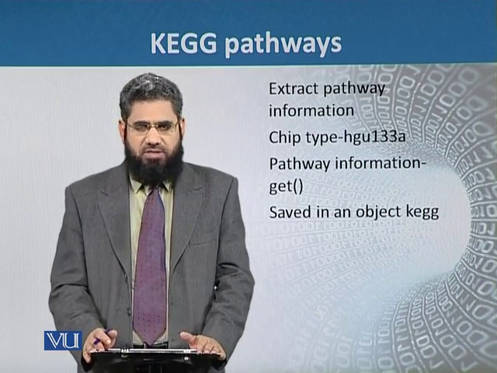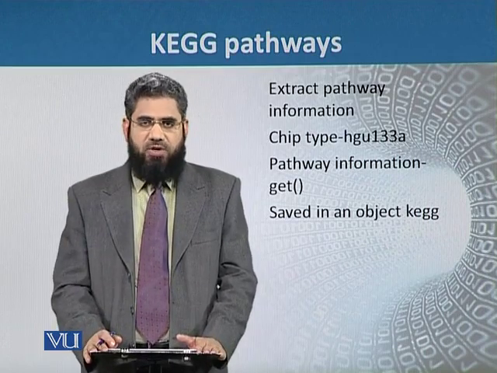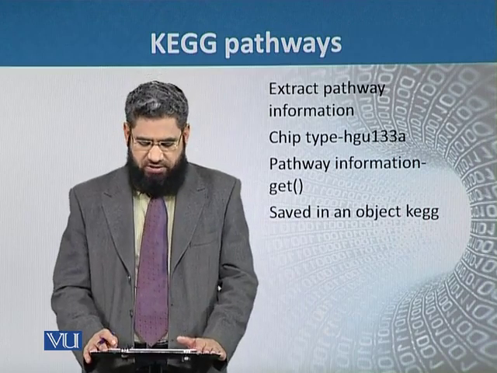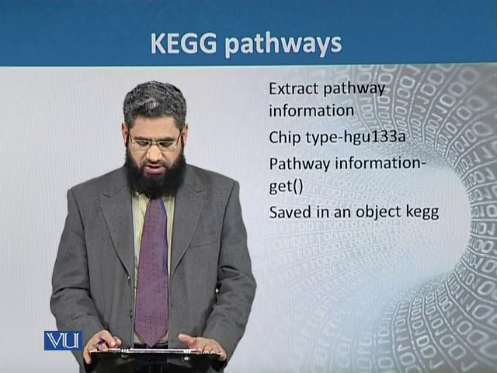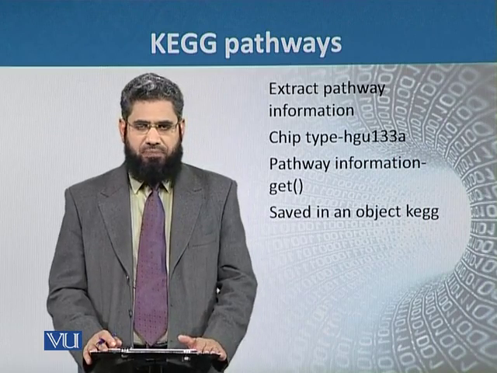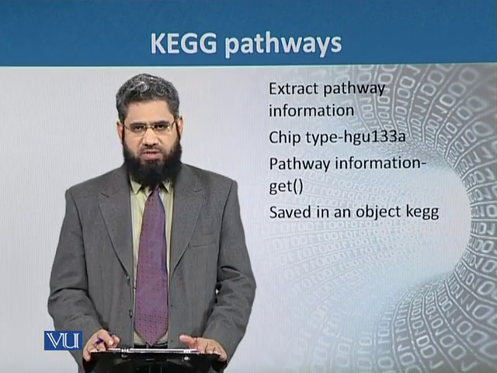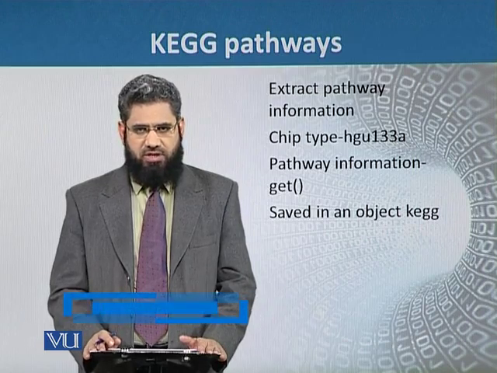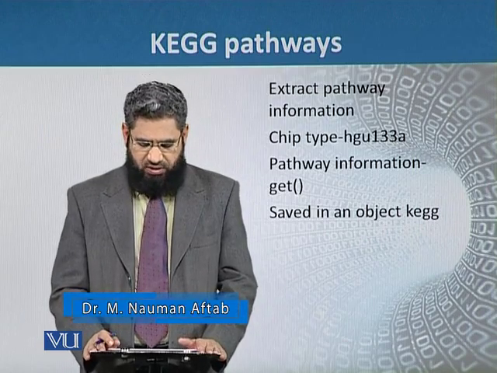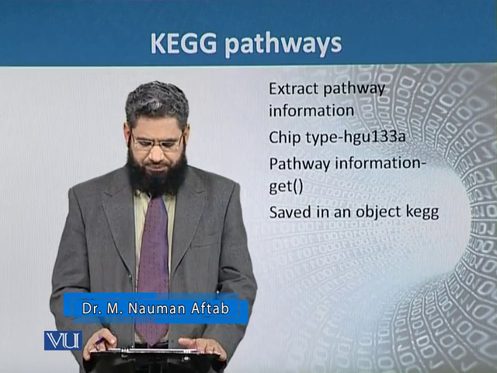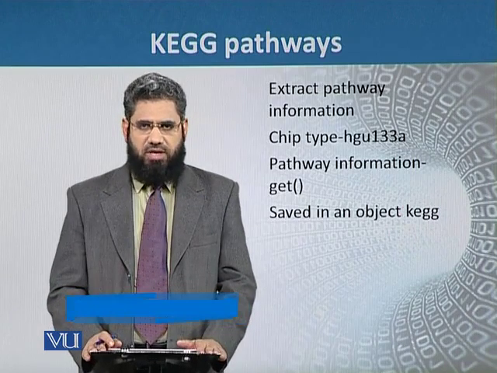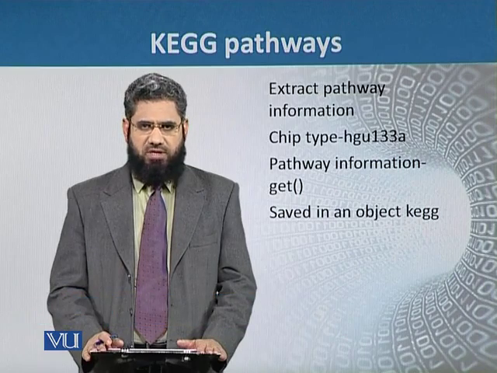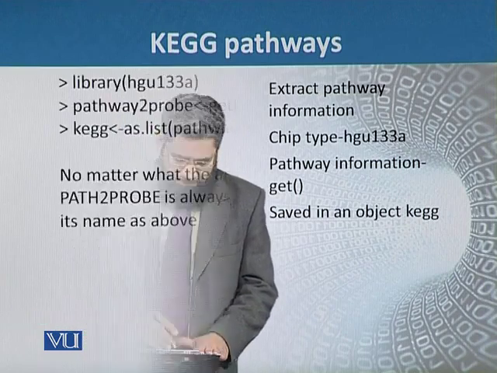get(). And if we assume that we are using the chipset that is for Affymetrix and for human, hgu133a, we can easily get the information by using the command get(). After getting the information, we can save it as an object, and we can call that object KEGG.